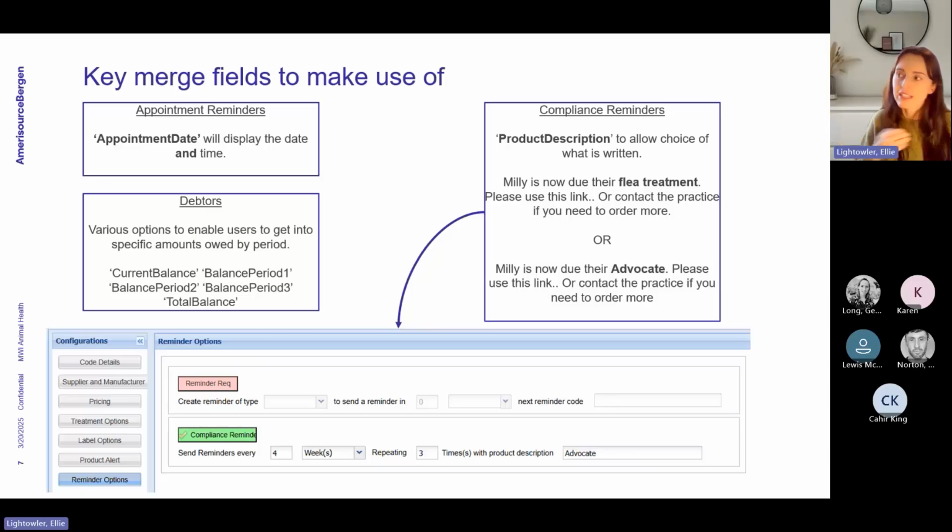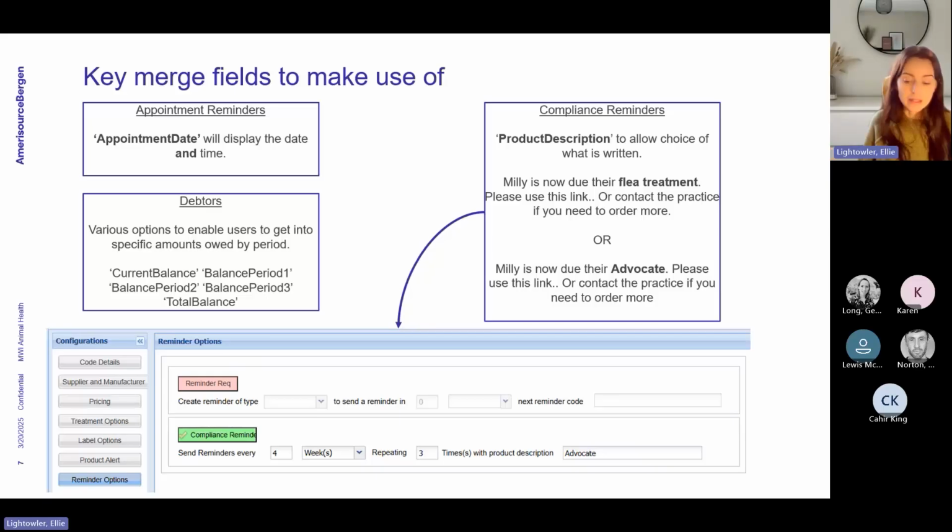My first example is that you may just keep it generic and say, Millie is now due their flea treatment. Please use this link or contact the practice if you need to order more. Or you can get specific.